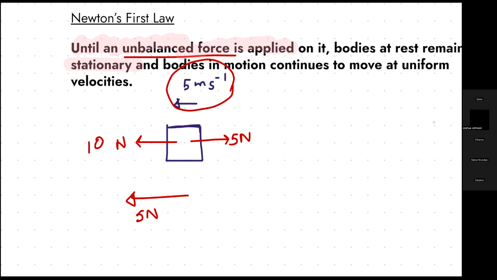Then if you take a certain object that is moving at uniform velocity, if you don't give an unbalanced force, that object will forever move at uniform velocity. If you give an unbalanced force, එයාගේ velocity එක වැඩි වෙනවා නැත්නම් අඩු වෙනවා. It will not be uniform velocity. Is that clear, ළමයි? Give me a thumbs up.